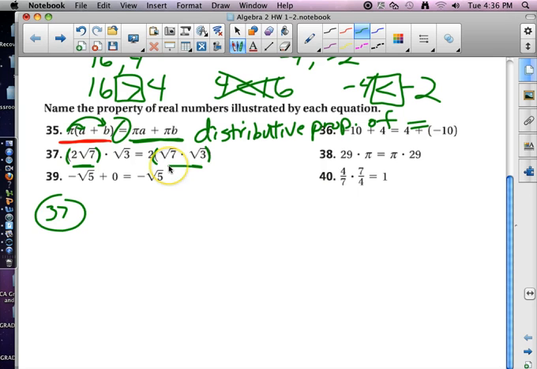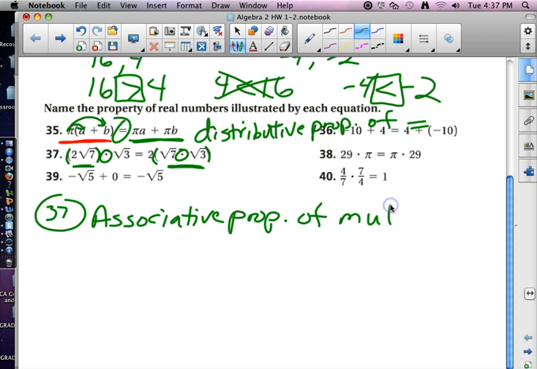And here, the parentheses are around the square root of 7 and the square root of 3. So for number 37, that's going to be our associative property. And because we have this little multiplication symbol right here, this is the associative property of multiplication, right there.